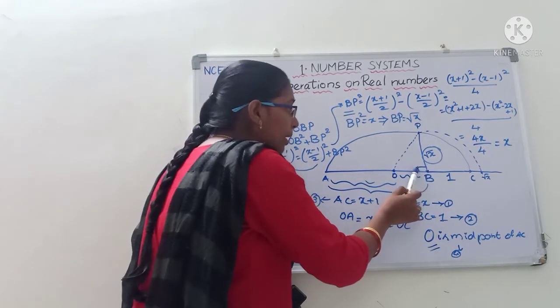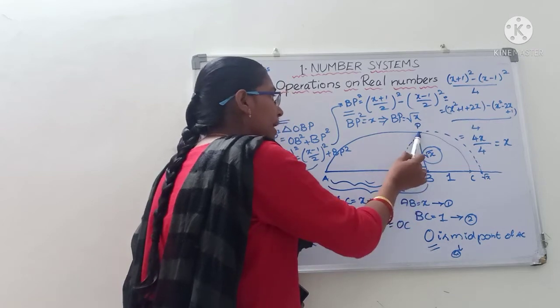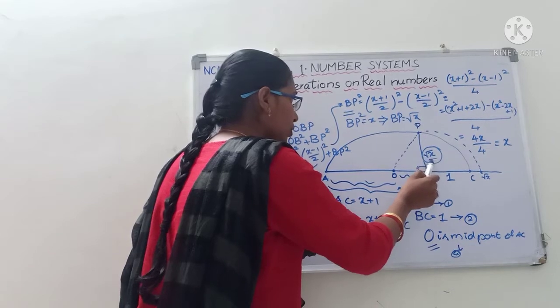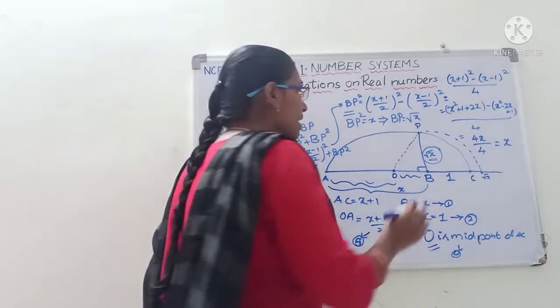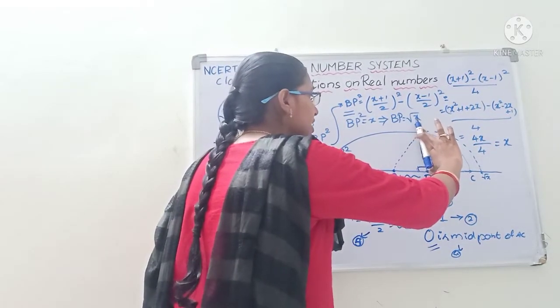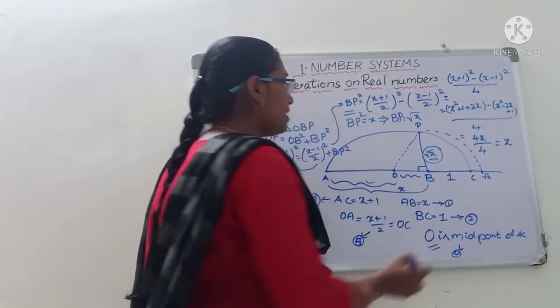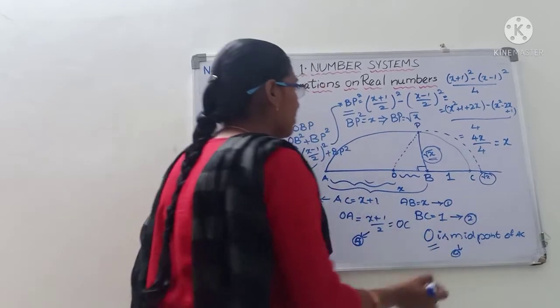Then draw a perpendicular at B and mark it as P on the semicircle. This BP will be root x. You can take a compass and measure BP, and with this BP length, you can mark it on the number line. In this way, root x can be marked on the number line.